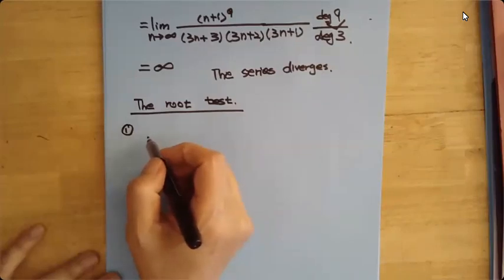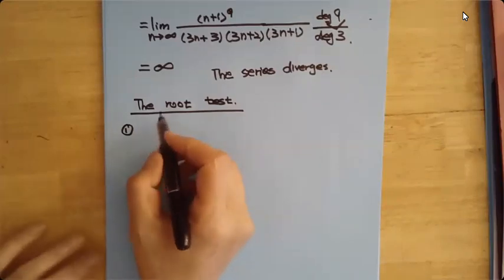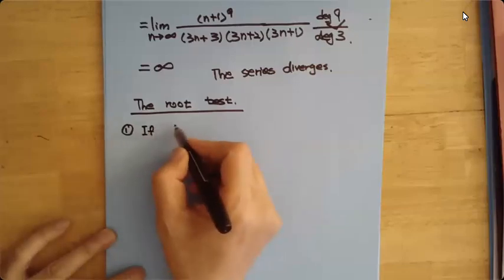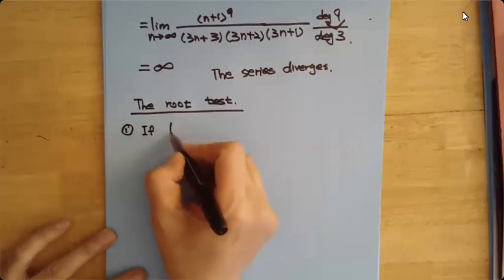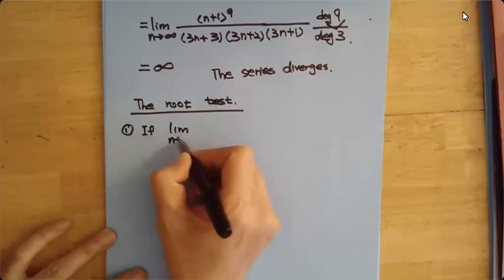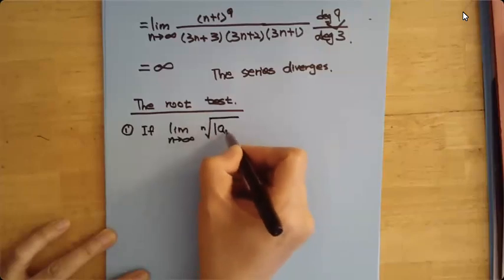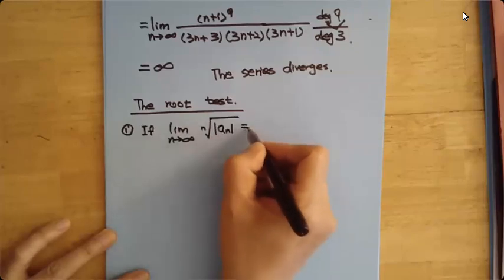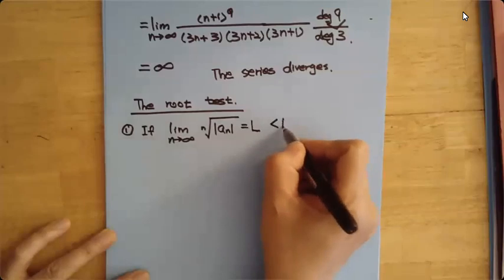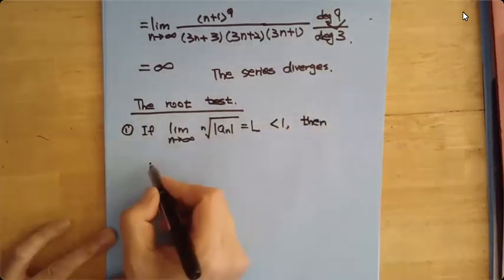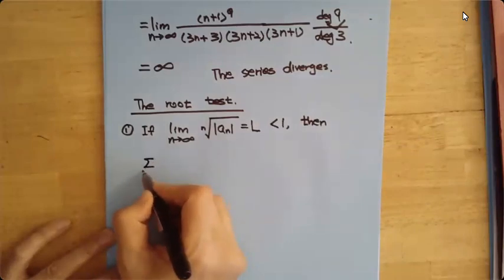The next test we have to learn today is the root test. Let me state the statement. If limit n goes to infinity, nth root of the absolute value of a_n converges to a certain number which is less than 1, then the given series is absolutely convergent.